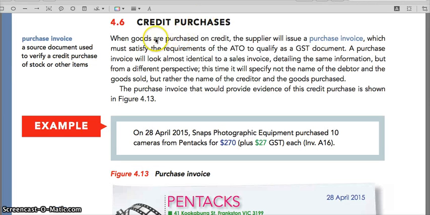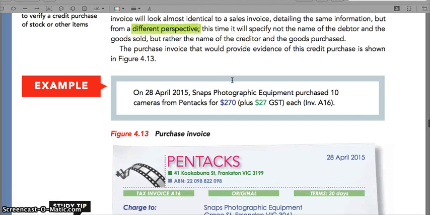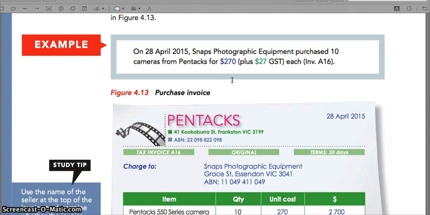Okay, credit purchases. When goods are purchased on credit, the supplier will issue what we call a purchase invoice. A purchase invoice looks a lot like a sales invoice, except it's from a different perspective. Instead of our business issuing the invoice, it's the supplier issuing it to us.